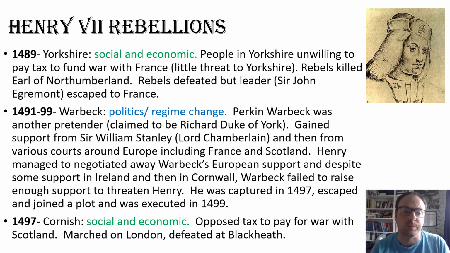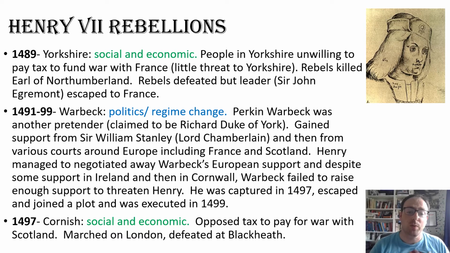to France. The next rebellion is the Warbeck Rebellion. Now, this is the most long-winded. It drags on for an incredible length of time. So it starts around 1491 and keeps on going on and off until Warbeck's execution in 1499. Again, this is about politics and regime change. Perkin Warbeck was another pretender. He was pretending to be Richard, Duke of York.